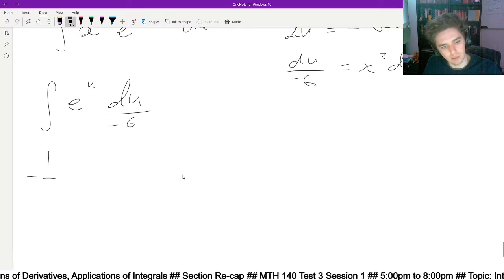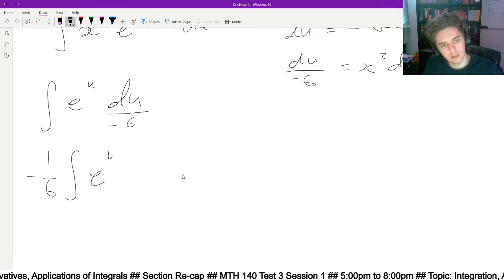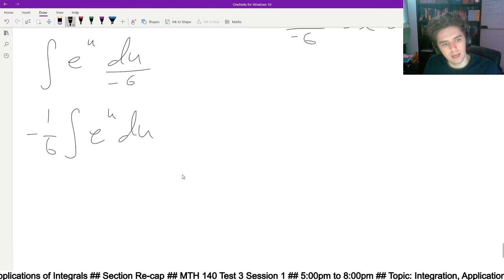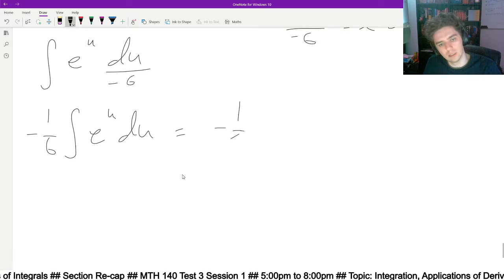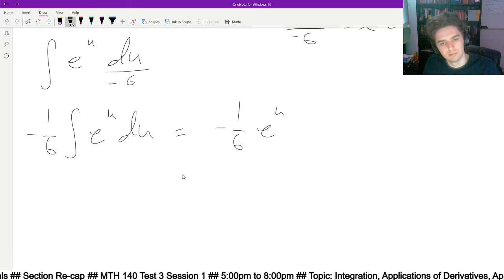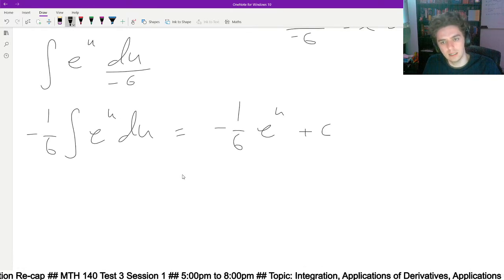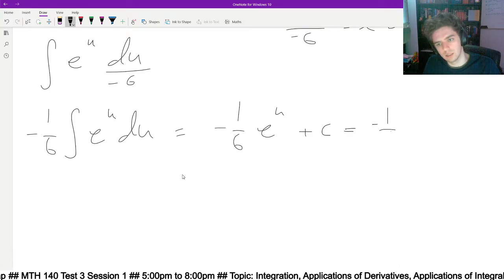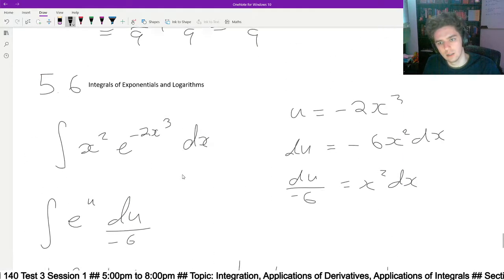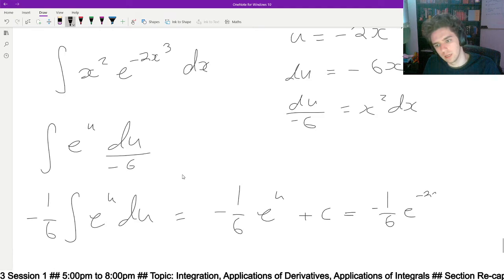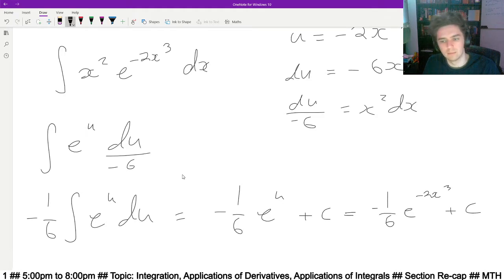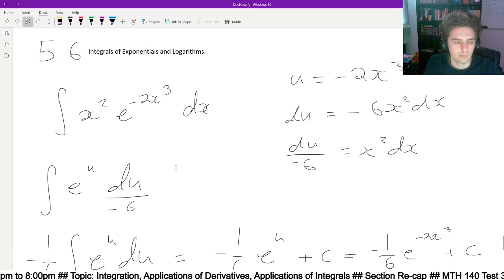Bring that negative 1/6 to the front, and so this is equal to negative 1/6 e to the u plus c, which is equal to negative 1/6 e to the negative 2x cubed plus c.